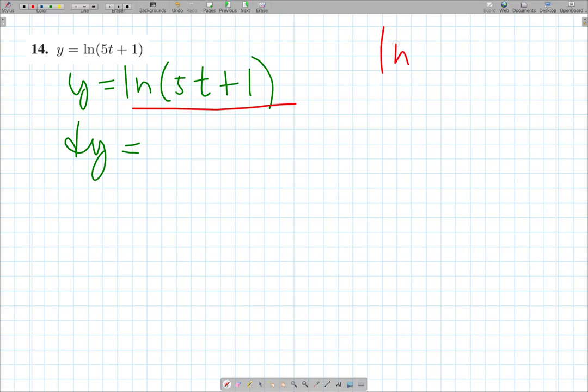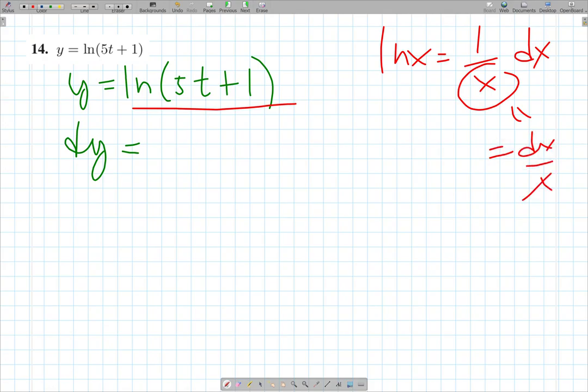For example, for ln x, the derivative is 1 over x, and then the derivative of x is dx, so that is dx over x. Since it is ln, we copy 5t plus 1 under a bar, and put 1 on top.